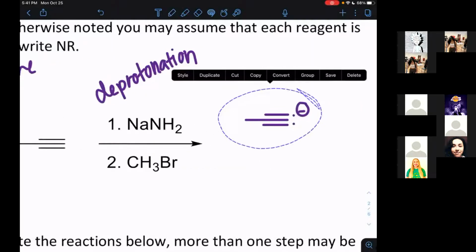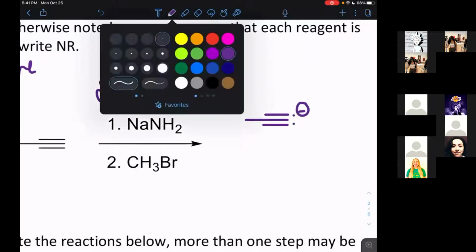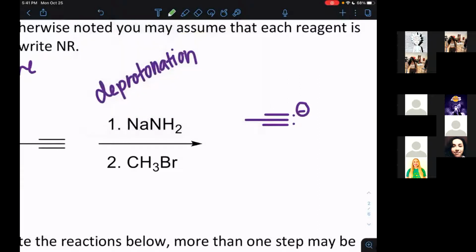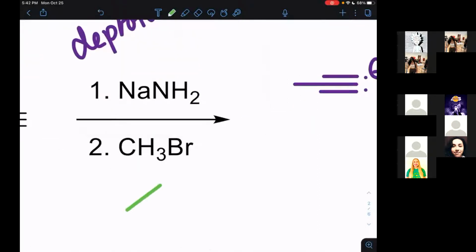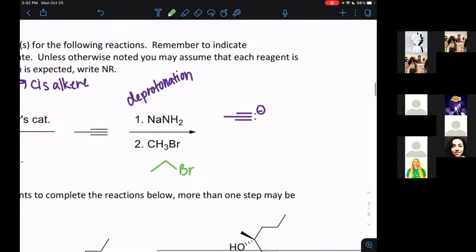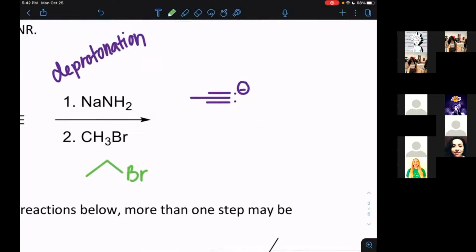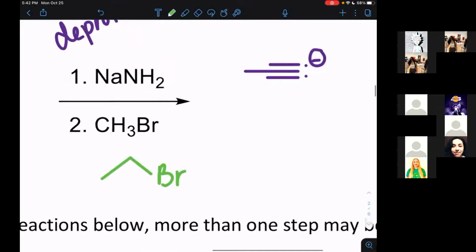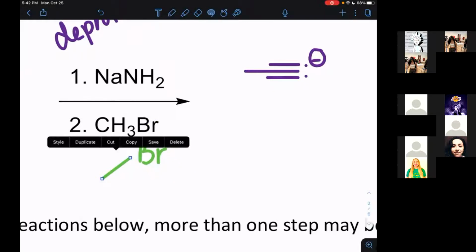So it's negative. And then CH3Br is just like this. I think that actually has two carbons. So what you drew. Oh, shoot. True. Oh, okay, true. So this will be fine.